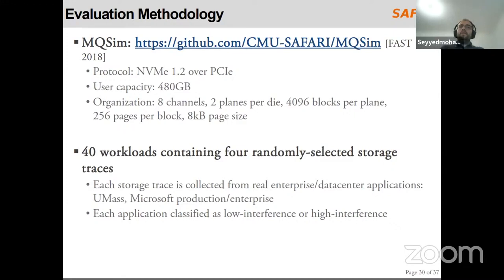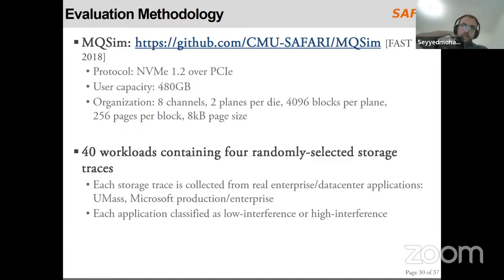We have 40 workload mixes containing 4 randomly selected storage traces. We have several traces from real enterprise data center applications like UMass and Microsoft Production Enterprise. We randomly select 4 traces across all our traces and make a mix workload, because when we want to evaluate FLIN, we should have mixes of workloads.